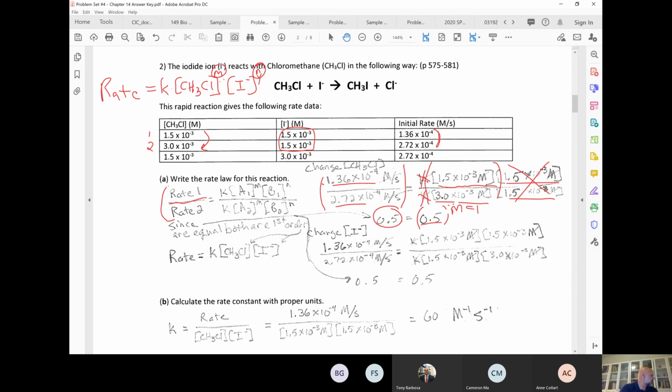When you end up with a first order versus a second order, something that would be second order, when you change the concentration, for example in this problem, and the concentration doubles, so we go from 1.5 to 3.0, but instead of going from 1.36, let's just say, let me do the math here.